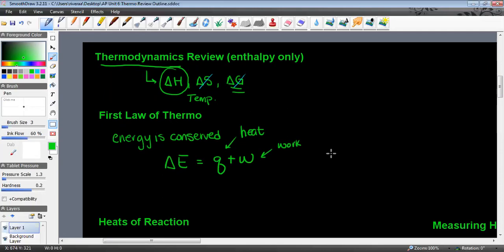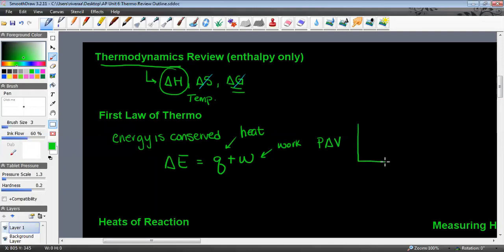by that reaction. Now, in physics, you think about work as pushing something across a surface, like a car driving down the road or a ball rolling down a hill. In chemistry, when we're talking about work, we're talking about pressure volume work: pressure times the change in the volume of a system.